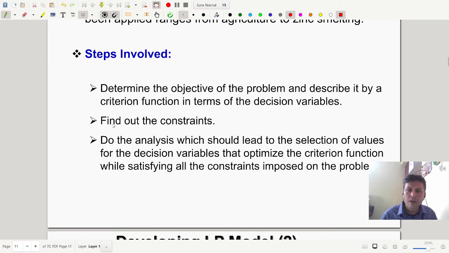Number two, find out the constraints. Number three, do the analysis which should lead to the selection of values of the decision variables that optimize the criterion function and satisfy all the constraints imposed on that problem. So these are the steps for modeling a LPP.